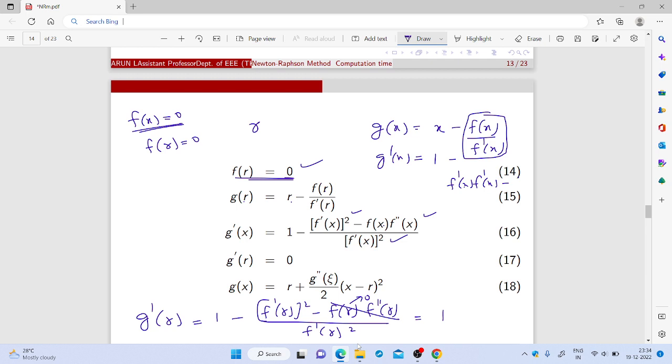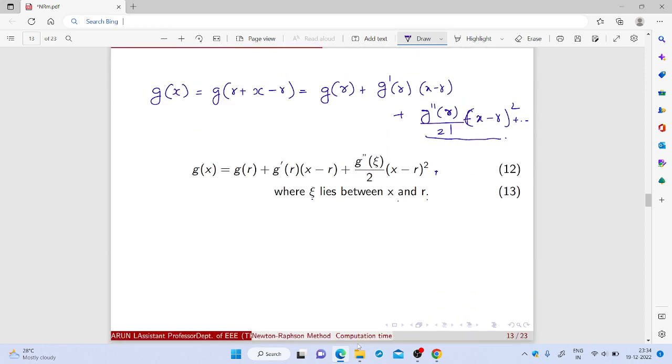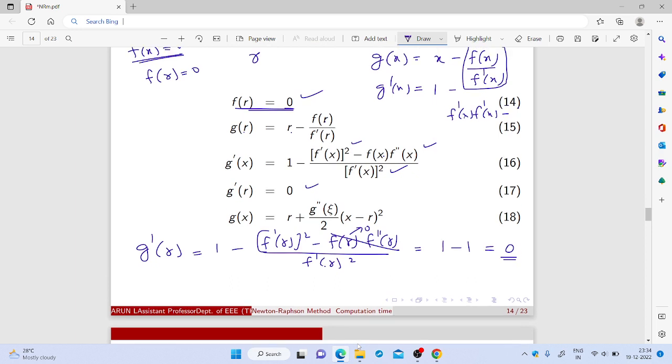So this is f dash r square by f dash r square, which is 1. So 1 minus 1 is 0. So g dash of r is 0, and in the previous equation this term will now vanish. That is updated here.